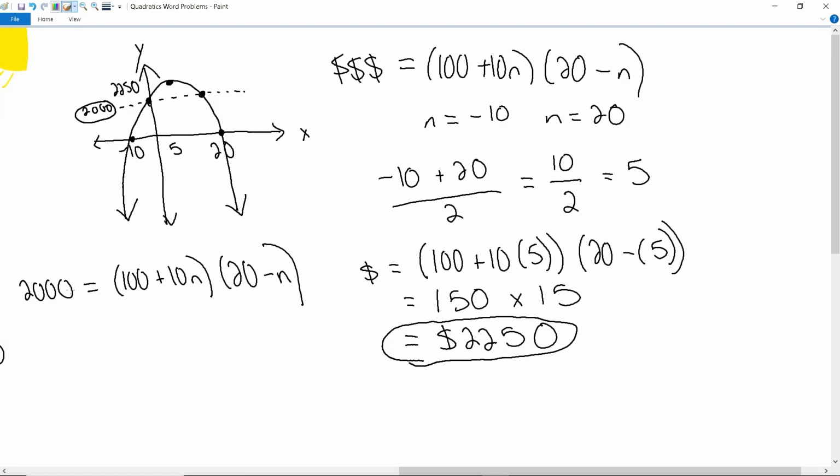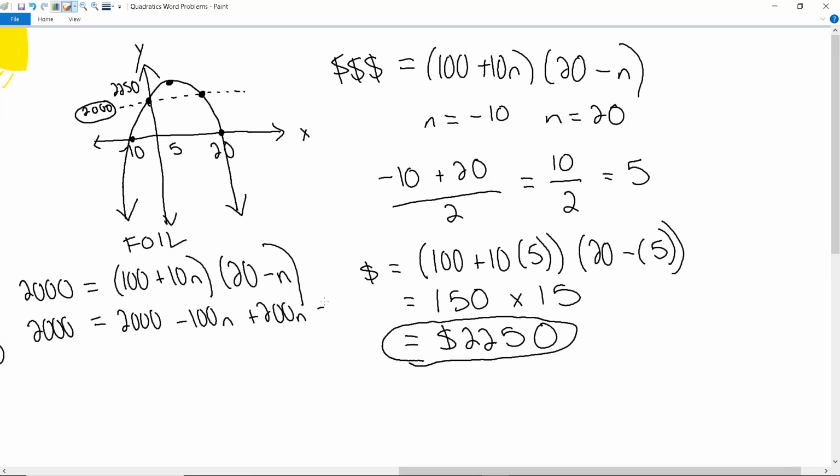So we've applied a value for our overall revenue. Now we just need to expand out our quadratic and solve. So we need to use the FOIL method to expand our brackets. So our first terms will give us 2,000. Outside terms is -100n. Inside terms 200n.